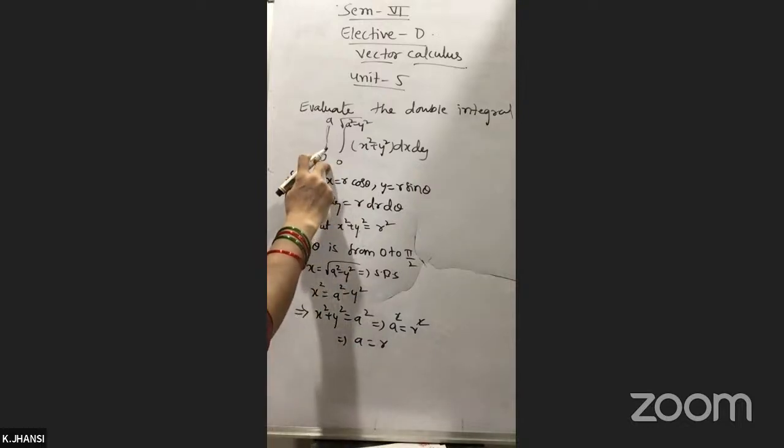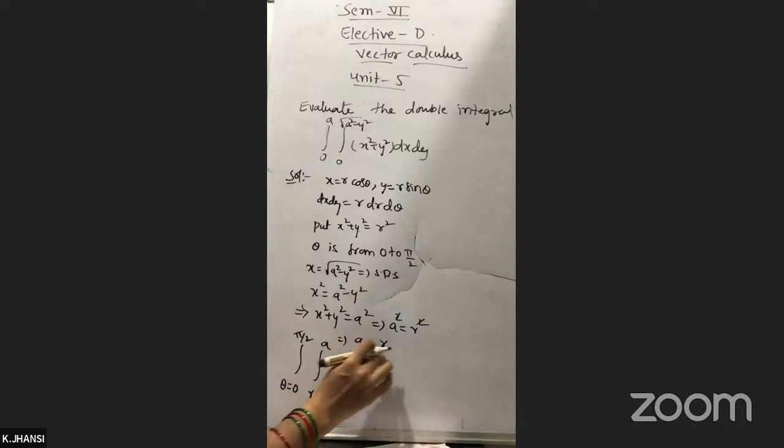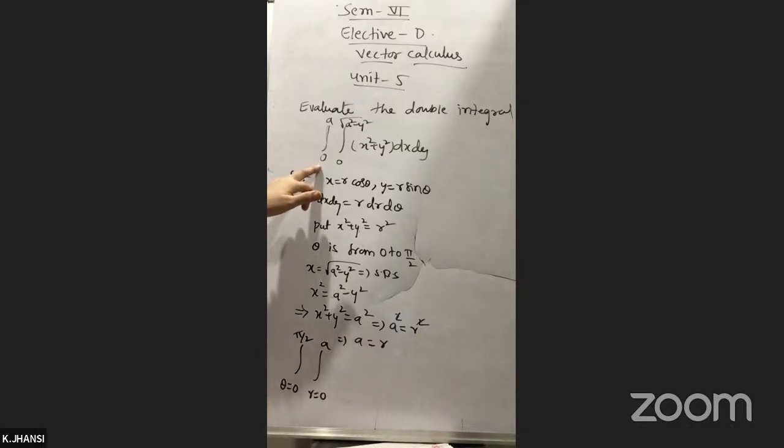Okay. Now substitute all these values, these theta limit values and also these 0 to a values here as the limits. So you will get theta equals to 0 to pi by 2. Next, integration of r value is r equals to 0 to a. Here we have r equals to a and another r equals to 0.